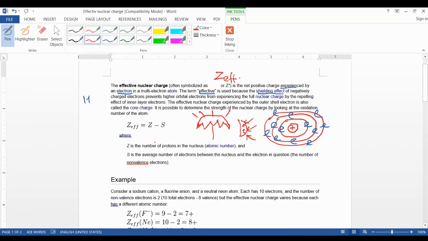So this effective nuclear charge will be affected by what? The shielding effect of the negatively charged electrons. So what is the shielding effect? Now this is positive. These are the shells. And now you have these electrons here.